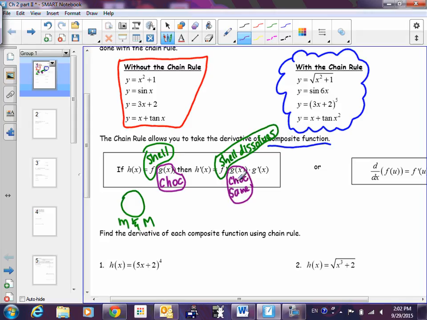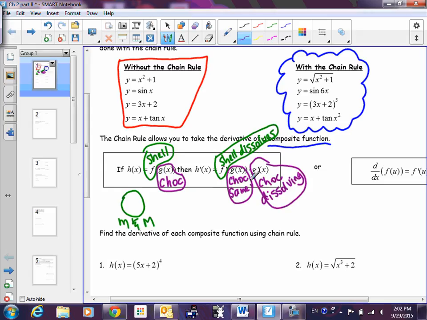Now, if you suck on this long enough, the shell is gone, and now you can taste the chocolate. So the chocolate's dissolving. That happens next. Some of you, that happened real fast. That's why the formula works the way it does.